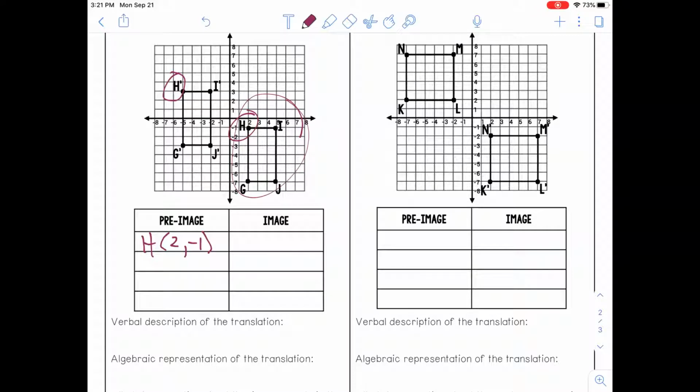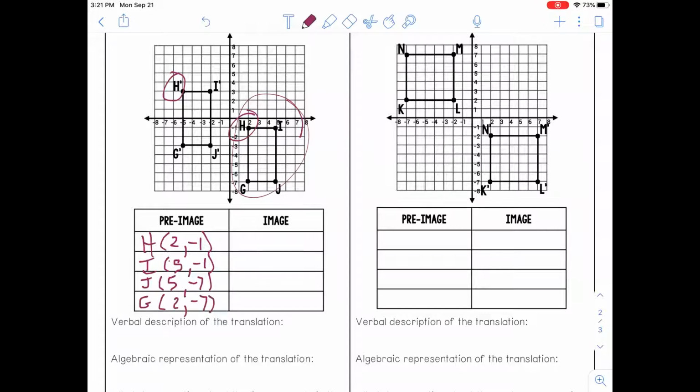And I is at 5, -1. And J is at 5, -7. And G is at 2, -7.